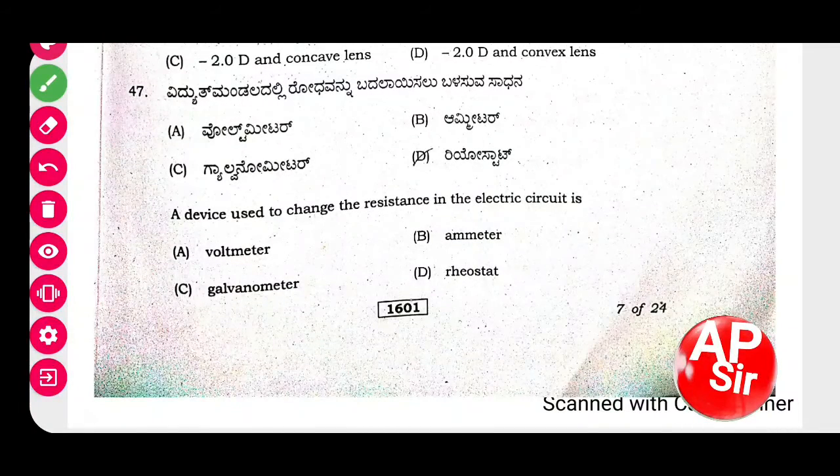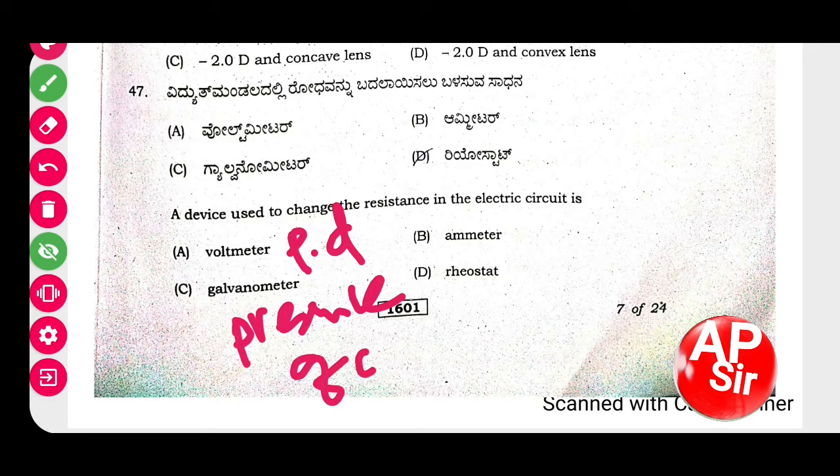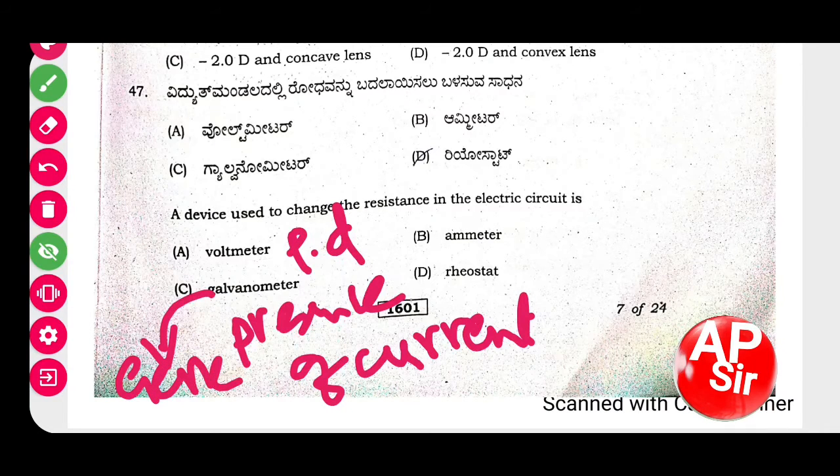A device used to change the resistance in an electric circuit, very important. Voltmeter is used to measure potential difference. Galvanometer is a sensitive instrument used to check the presence of current. Basically the galvanometer is used in the generator, keep in your mind, whereas the ammeter is used to measure current.